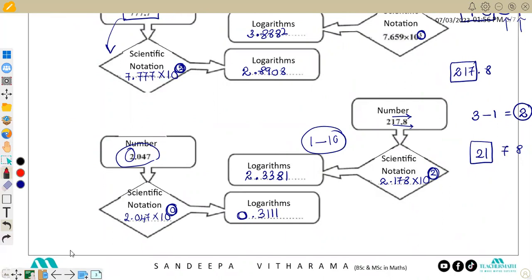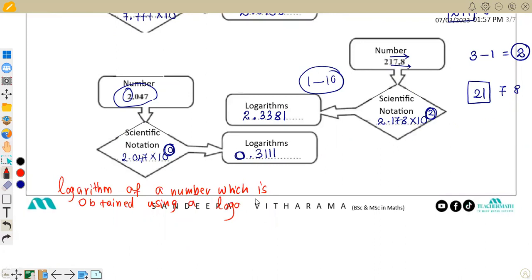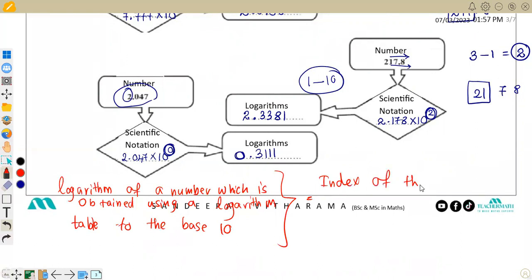Then you can write that the logarithm of a number, which is obtained using a logarithm table, to the base 10 is equal to the index of the power when the number is written as a power of 10.